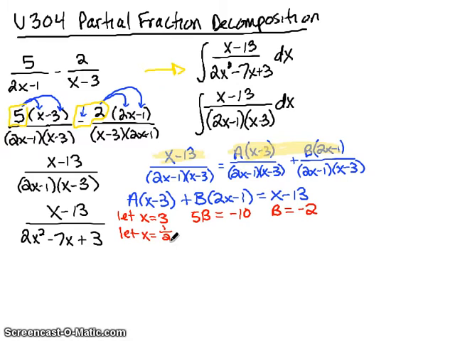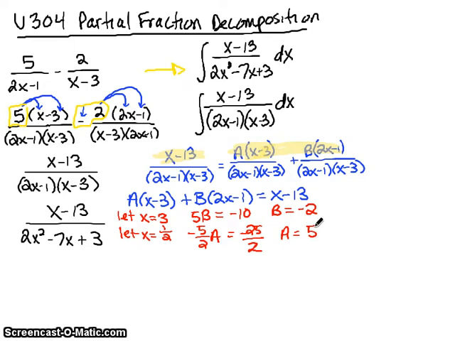Now if x is 1/2, we're going to have 1/2 minus 3, and that's going to give us negative 5/2 a is going to be equal to, on the right hand side of the equal sign, 1/2 minus 13, and that's going to give us negative 25/2. So negative 5/2 a is equal to negative 25/2. So we know that a is going to be equal to 5.